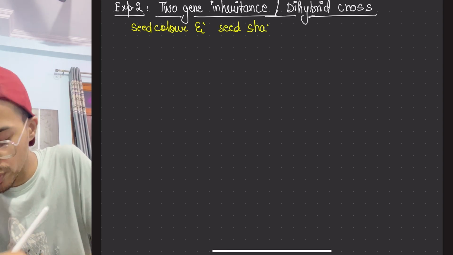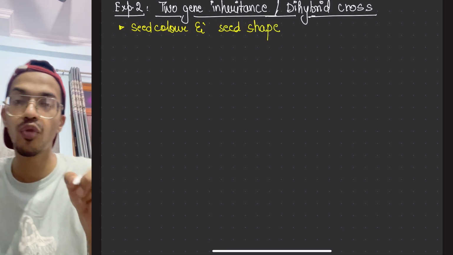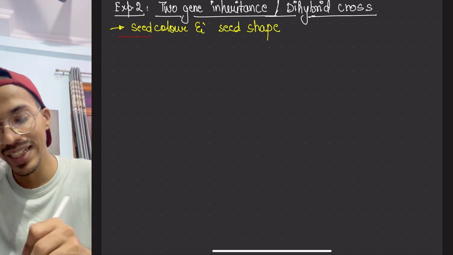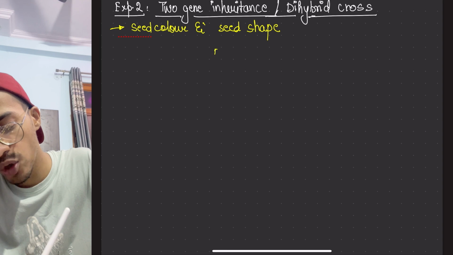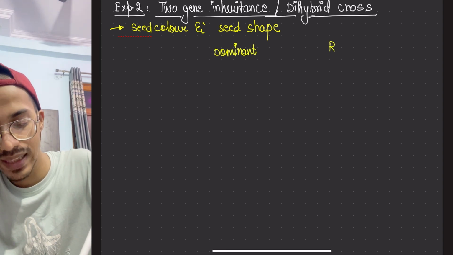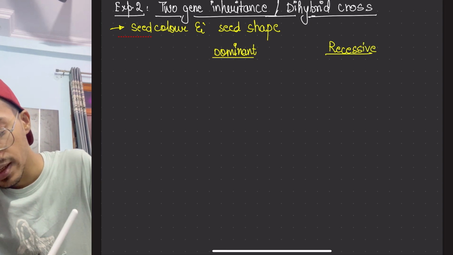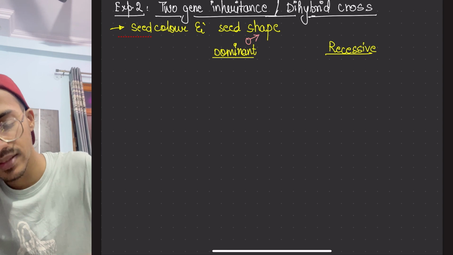I have told you that initially we start with homozygous true lines. For seed color, one is a dominant parent and one is a recessive parent, for both characters in one plant. Over here we are assuming this is the male and this is the female plant.